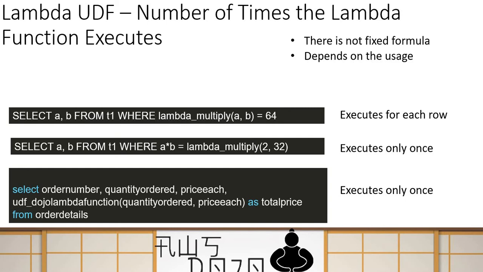Those things you have to keep in mind, but at least it is smart enough to pass your row values as parameters, as an array, to your Lambda function, so that the Lambda function can do the calculation for each row in one execution and give you the result back. So this one is very important to be careful about and test a bit to understand how you're going to use a Lambda-based UDF in your query.